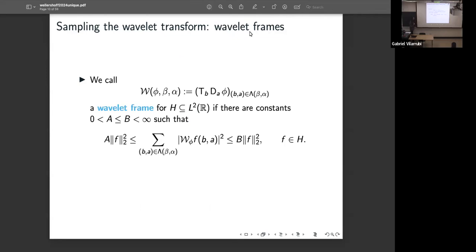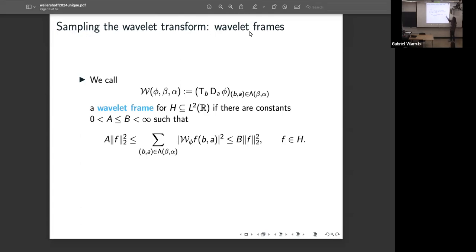Now that we have the hyperbolic lattice, we can take a collection of wavelets. Specifically, we take translations and dilations of the wavelet at the hyperbolic lattice. We call this entire collection of functions a wavelet frame, for some subset of L2, if the frame condition is satisfied.